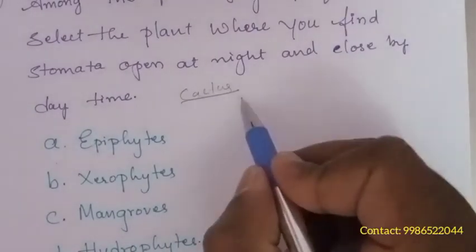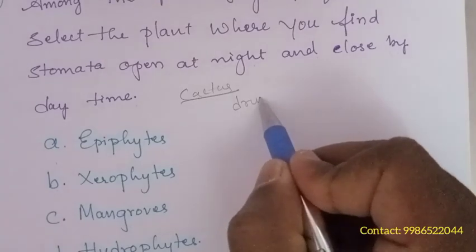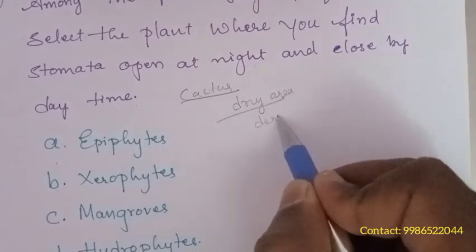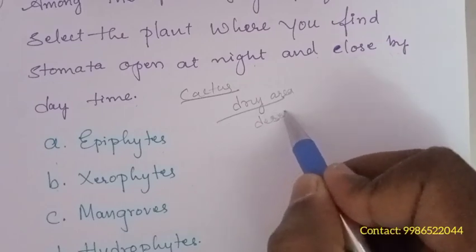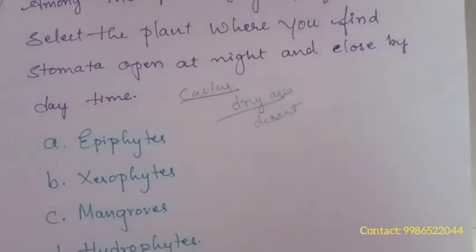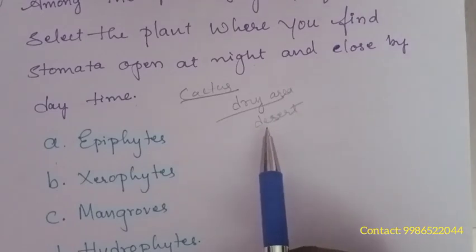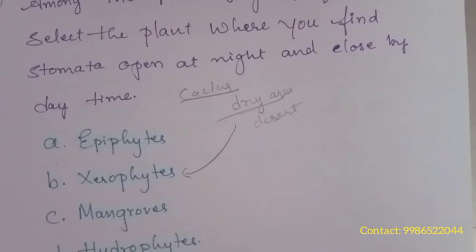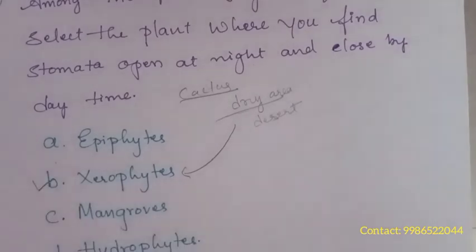Cactus is a plant which grows in dry areas or in deserts. The plants which grow in the desert area we call xerophytes. So option B is correct.